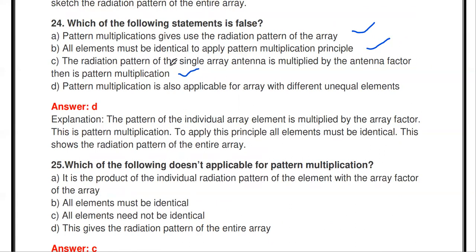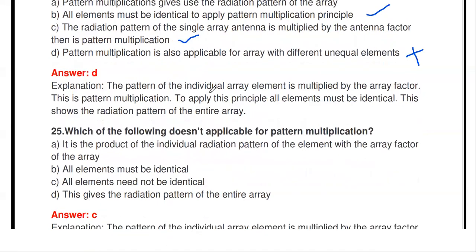So these three are true. Pattern multiplication is also applicable for an array with different unequal elements. This is false. We can apply pattern multiplication only if all elements in the array are identical. If different elements are used, pattern multiplication is not applicable. So D is the false statement. Here the question is to identify the false statement.